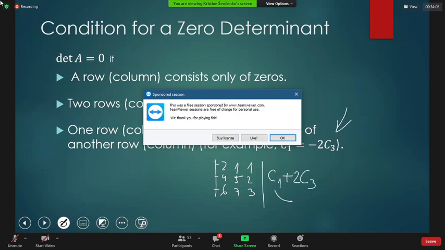Remember, I may do this. I may take one column, multiply it by any constant, and add it to another column, and nothing changes in the value. So as a result, now I have 1 times 2 plus minus 2, which is 0. 2 times 2 plus minus 4 is 0. And 3 times 2, 6, added to minus 6 is 0.